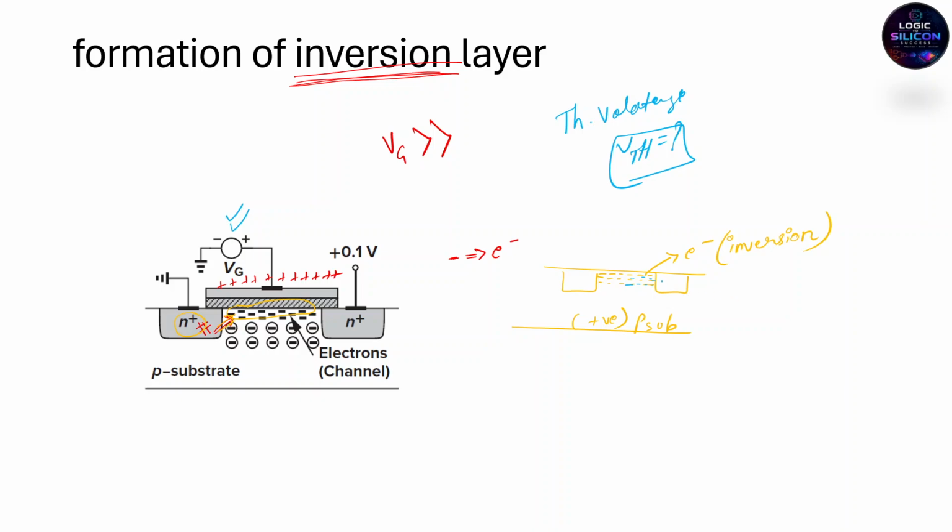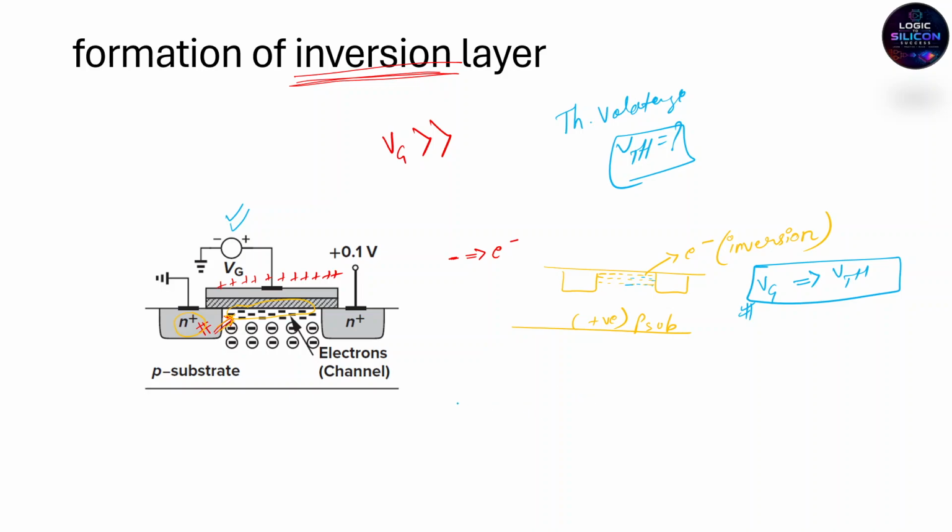Basically, once the p-type concentration is fully inverted by the electron concentration here, at that particular gate voltage we call it the threshold voltage. Hope I'm clear on what the threshold voltage is.